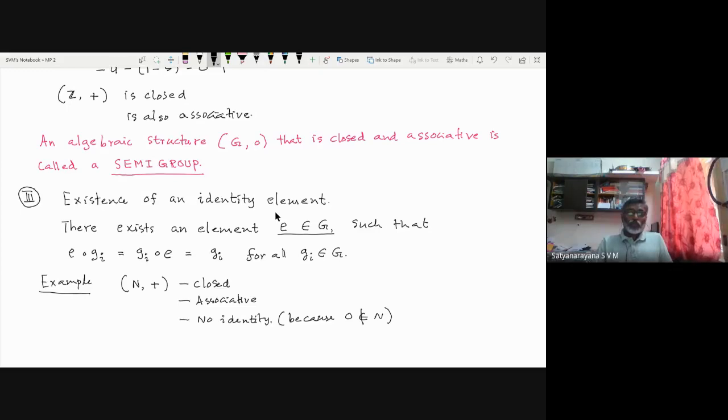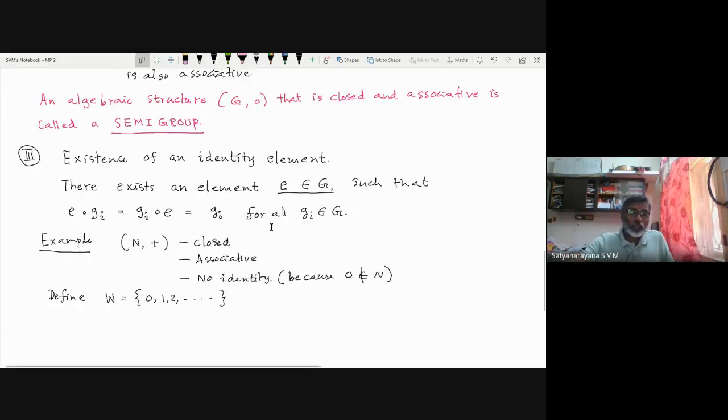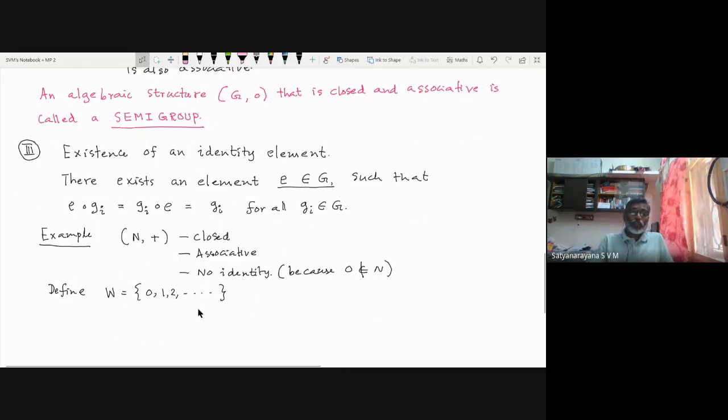Now to include this identity, so suppose you define a set. I call it as W, which is equal to 0, 1, 2, etc. Suppose you define a set like this. These are what are called the set of whole numbers, and then define an algebraic structure W plus.